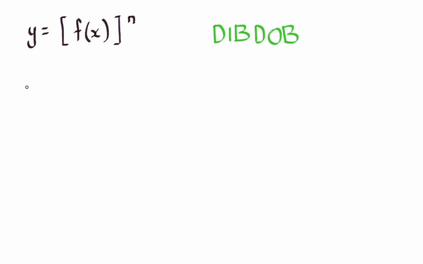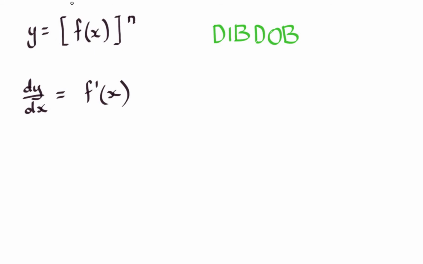So if we were to derive this composite function, differentiating inside the brackets, what is the derivative of f(x)? Well, since it's so general, we're just going to call it f'(x), the first derivative of f(x). So there is our DIB. We've differentiated inside the brackets.